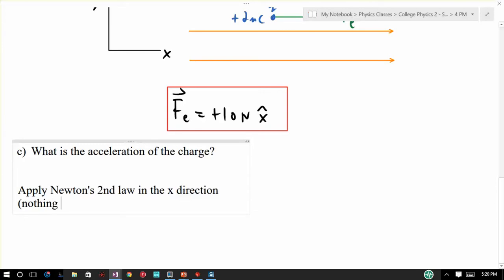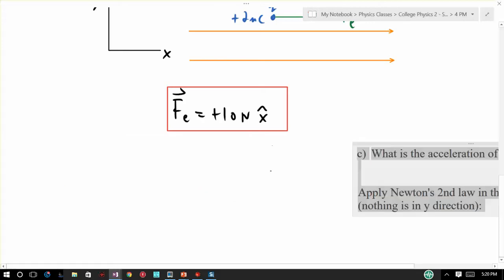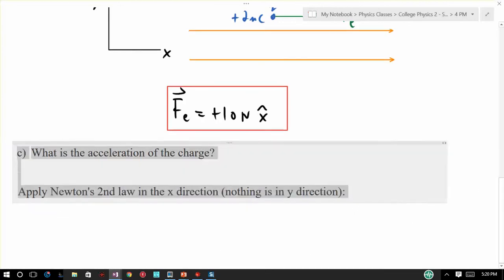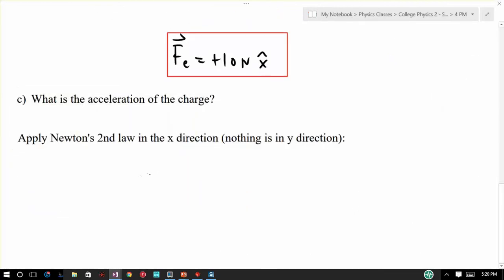In the next example, we'll have a case where that's not true. There'll be something in the x and the y direction. So this is as simple as you can get because there's only one force. So when you add up the forces, if you ignore the weight, because we're ignoring the weight, it's just plus 10 newtons, right?